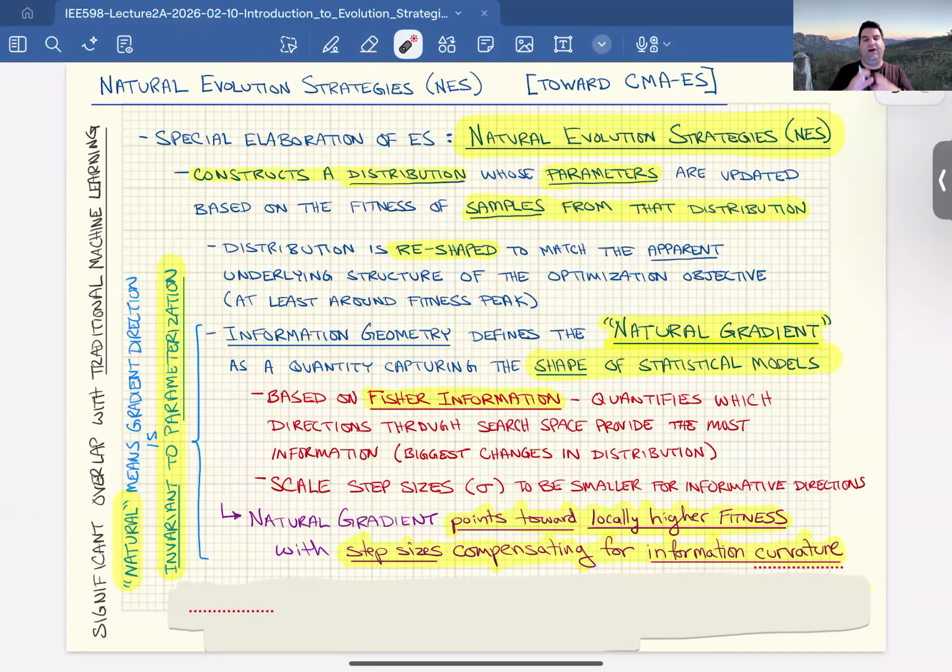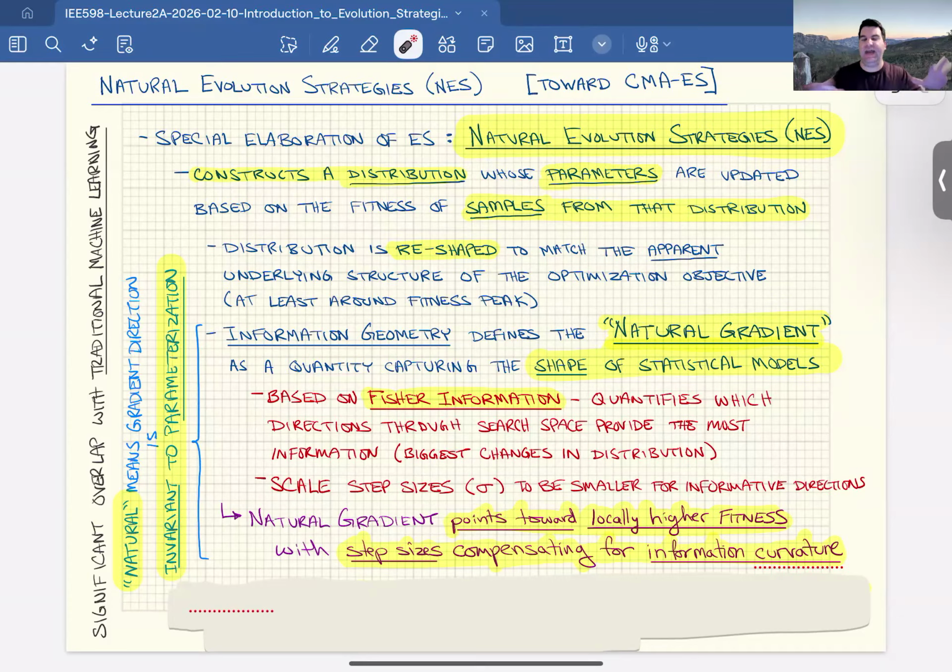So regardless of how you write your fitness function, regardless of how you choose the dimensions, whether I'm using a parameter in inches or meters, those decisions of how you set up the coordinate space do not change the direction of the natural gradient. So this is a gradient that is purely in terms of information value and information gain.